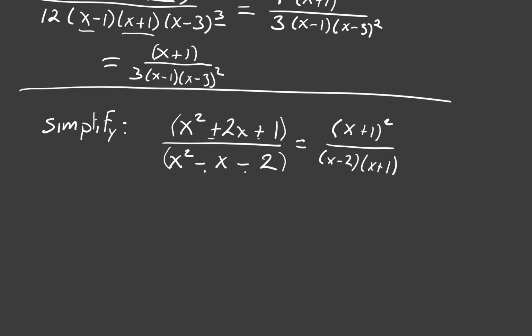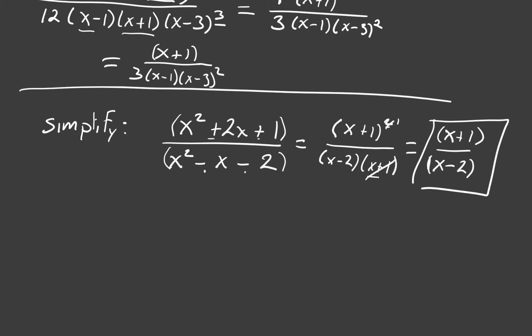So now I can do cancellation. Division cancels multiplication, so I can cancel the x plus 1 on the bottom with one of the x plus 1s on top. I'll just be left with 1 there. So this is going to be x plus 1 divided by x minus 2. I don't actually need the parentheses, but that simplifies to that.